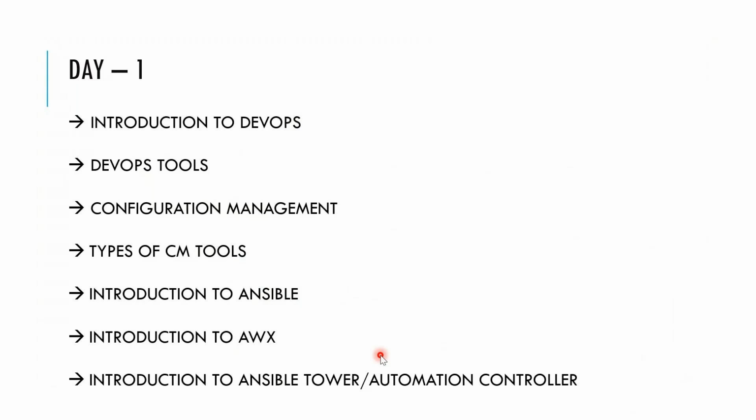You can apply for a license, and everything can be done in the web interface. Now Ansible Tower has been renamed Automation Controller. How many of you heard about this one? Ansible Tower is the tool we used before, but they changed the naming to Automation Controller.